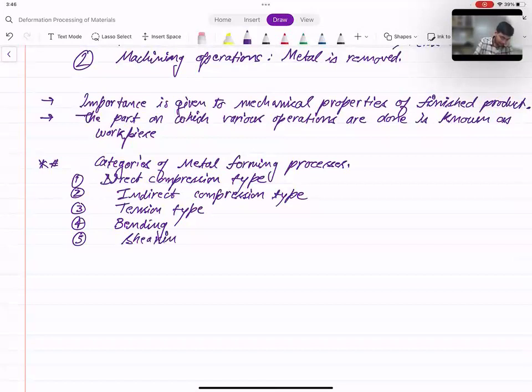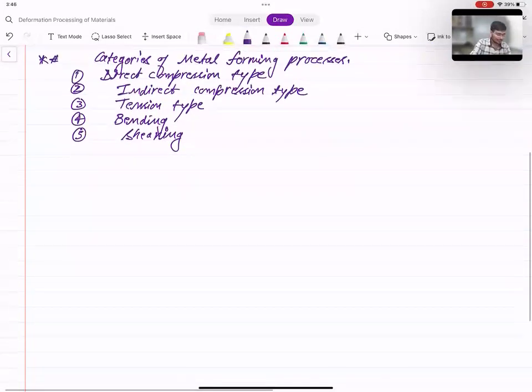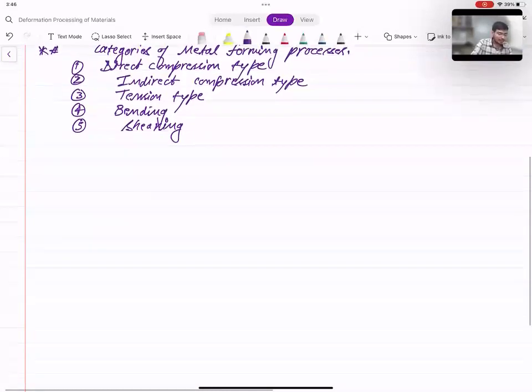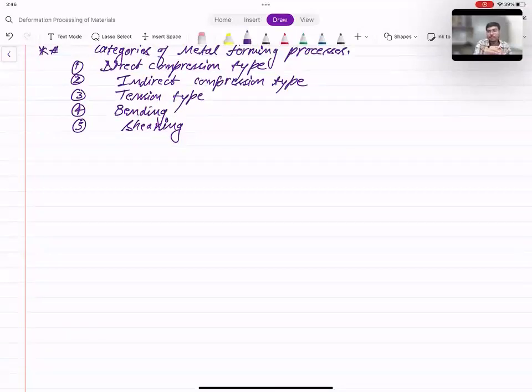Okay, so let us see how these operations basically are done, or let us try to understand them through some schematics. Okay, so direct compression type operations basically mean that the forces or stresses are applied onto the workpiece surface, and the metal flows at right angles to the applied stress.